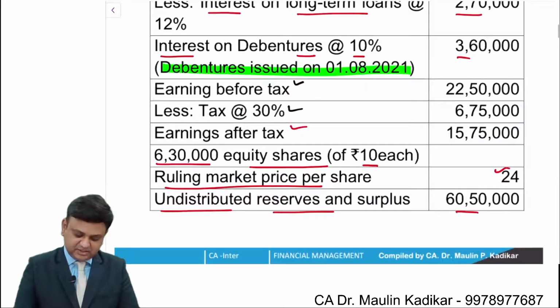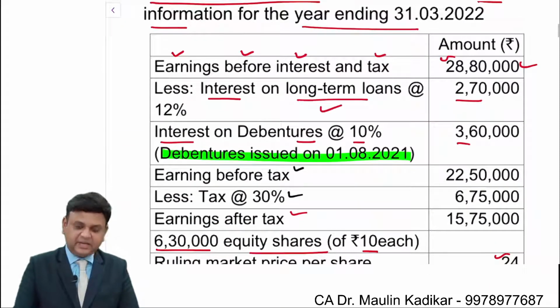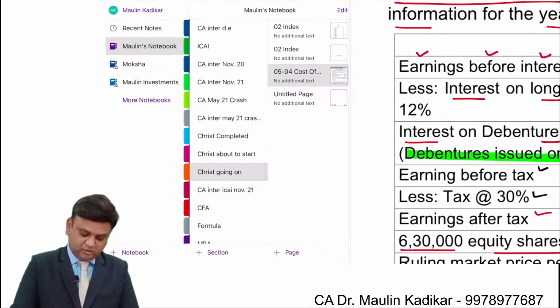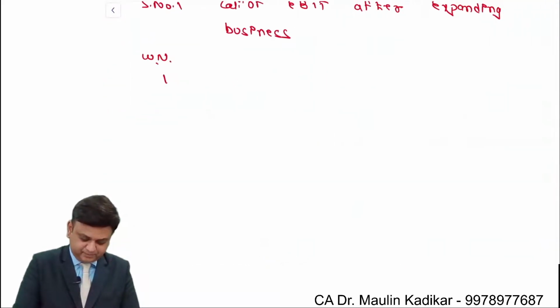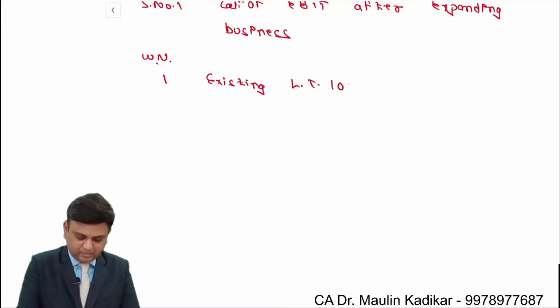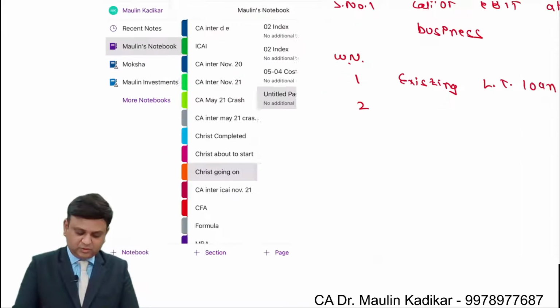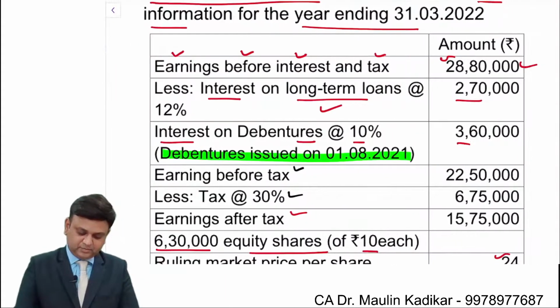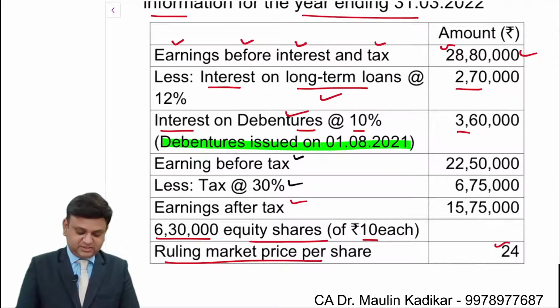We'll make the calculation of the existing term loan. Working note number 2, we'll make the calculation of the debentures.